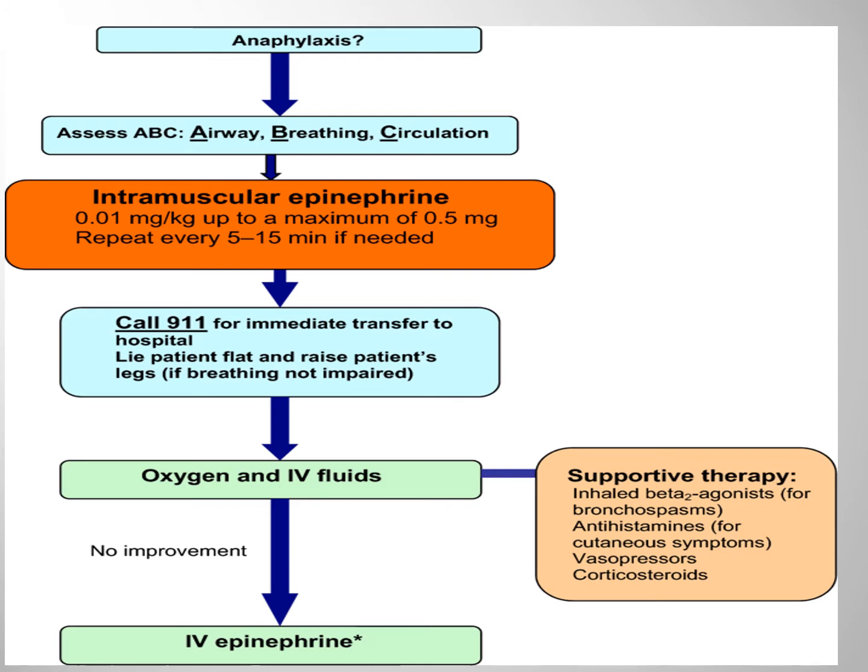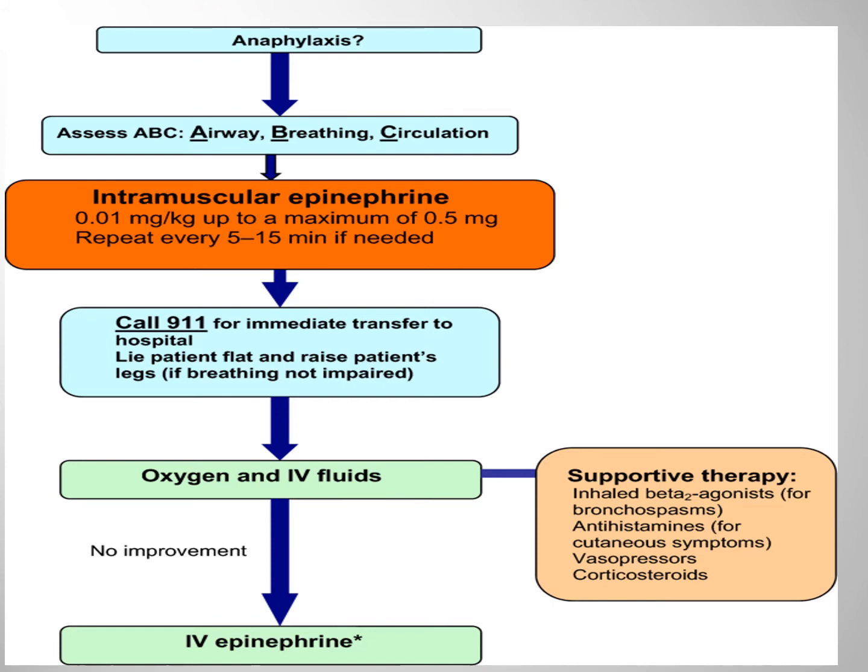Sometimes we need to use medications that are called vasopressors because the patient is so vasodilated from all the histamine release from the anaphylactic reaction. We have drugs that can vasoconstrict to get their blood pressure back up. And epinephrine is a vasopressor, but sometimes we need to go to other vasopressors.